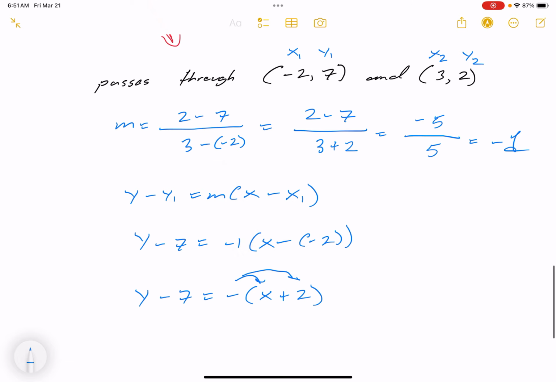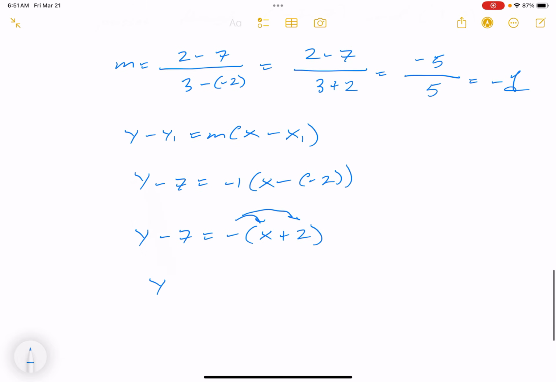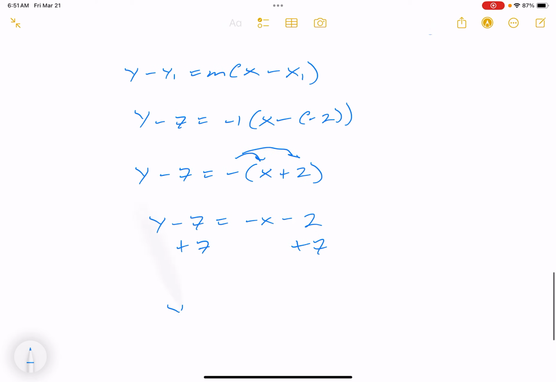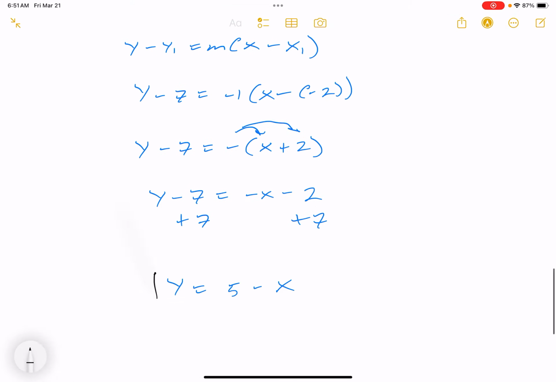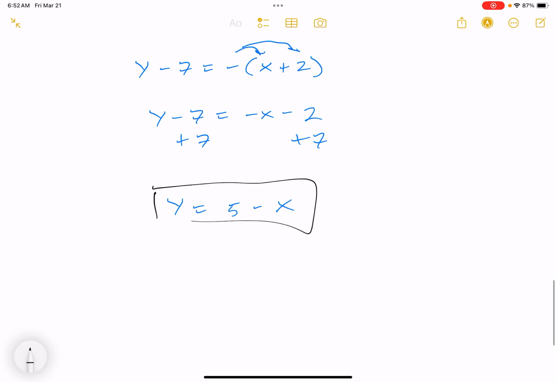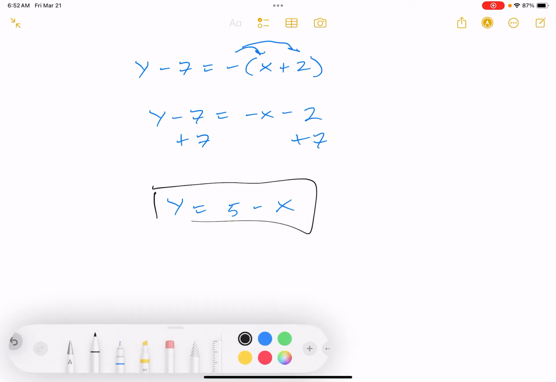Distribute the negative: y minus 7 equals negative x, negative 2. Add 7 to both sides: y equals 5 minus x. Did you guys get that? Let me know if you got that. I'm going to check my work after, but this should be correct.